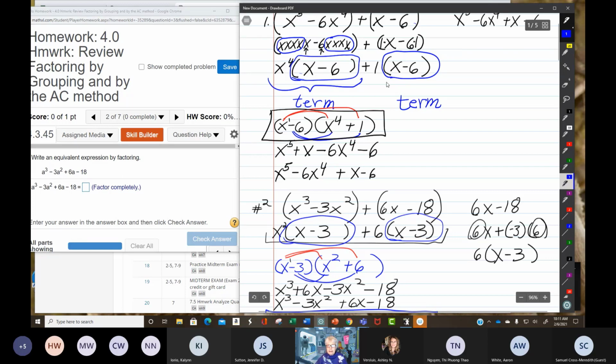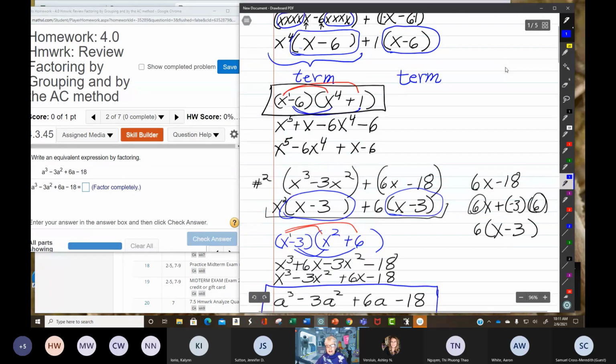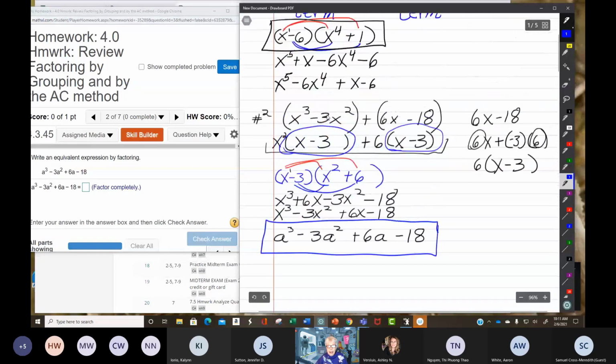Here you had an x minus 6 and an x minus 6. Here you had an x minus 3 and an x minus 3. And then you pull that out as a GCF and write the leftovers.